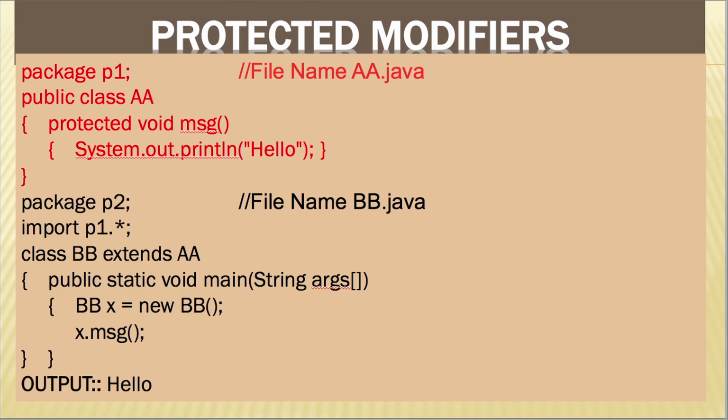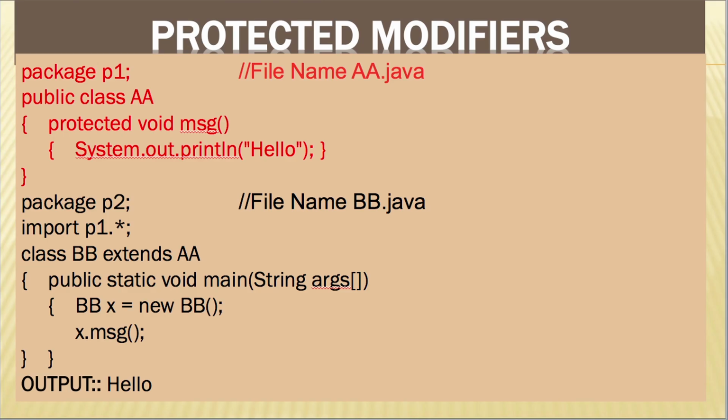So P1 is imported here, and now class BB extends AA. Here we are extending class AA. You can see public static void main String args. First of all, we define the object of the BB class: BB x = new BB. Then x.message. Now we can use the message function, the previous class function.